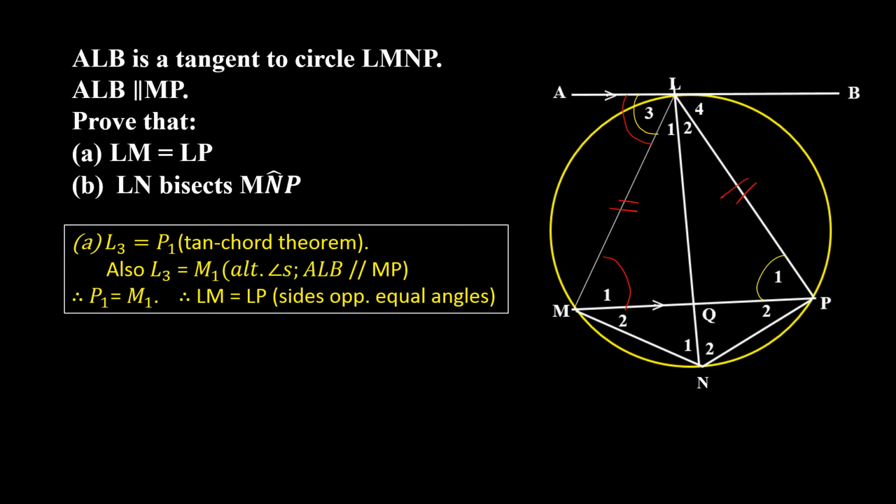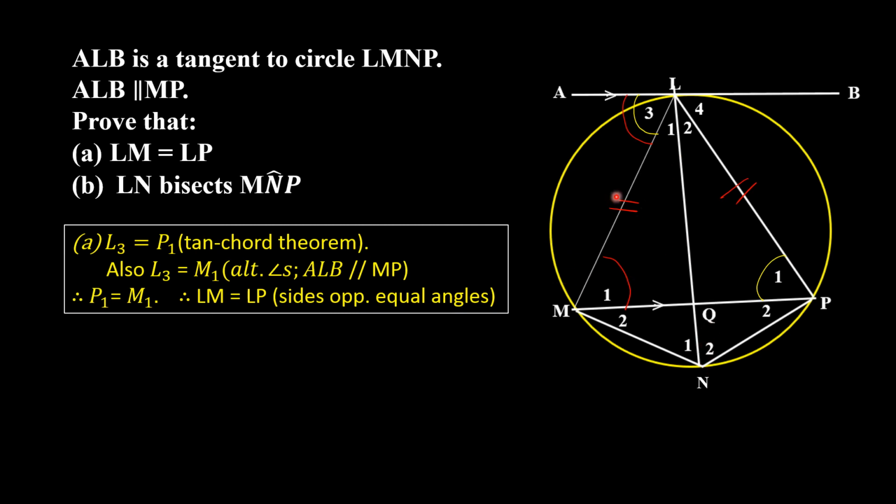Let us go to the second question. LN bisects angle MNP. That's what we have to prove. So what do we have to prove here? N1 equals N2.